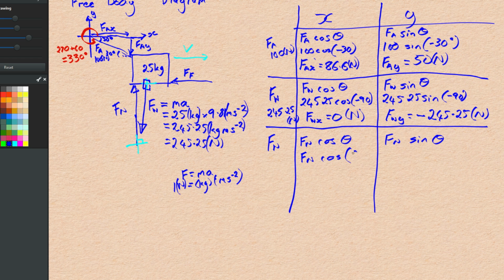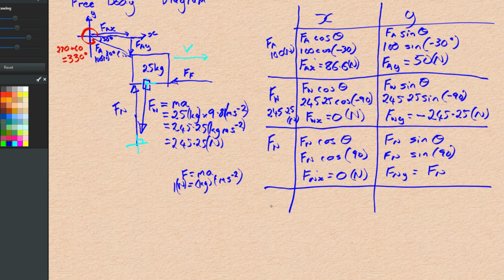And cos of 90 should give me 0. So Fn in the x direction is 0, because it's entirely in the y direction. Fn sine of 90. Sine of 90 will be 1, so Fn in the y direction is equal to just Fn. The absolute size of Fn is all in the y direction.